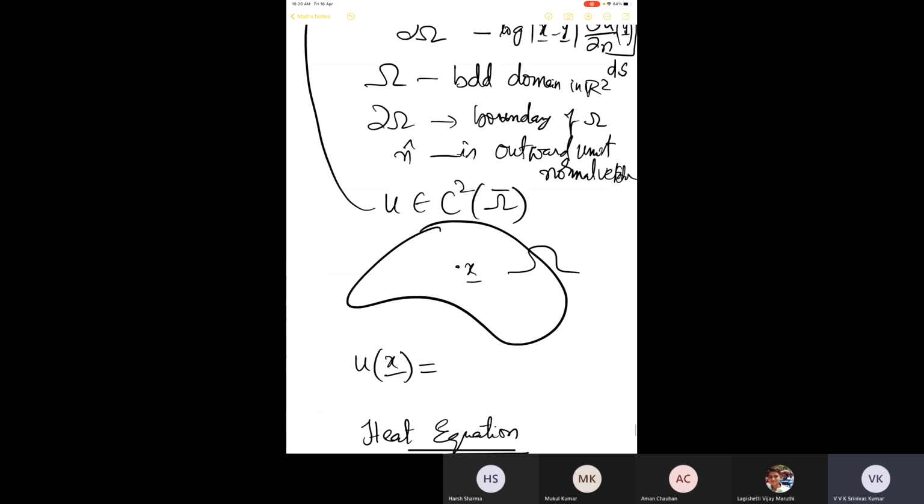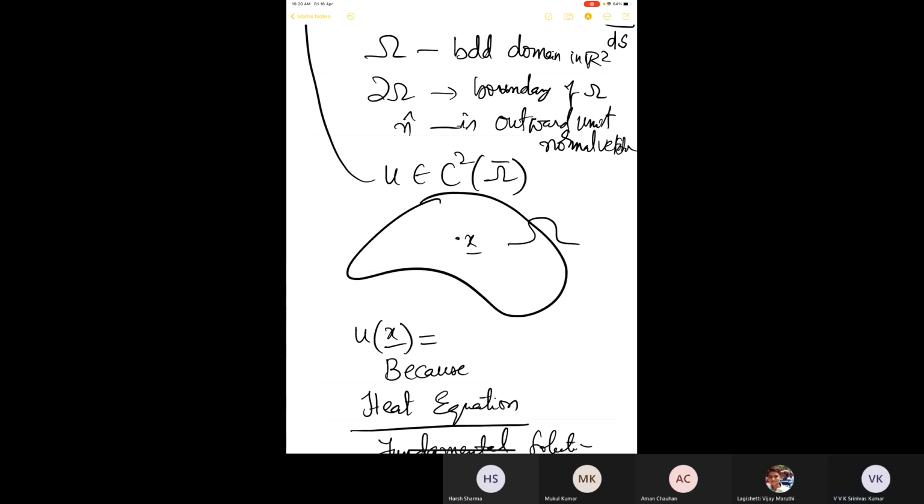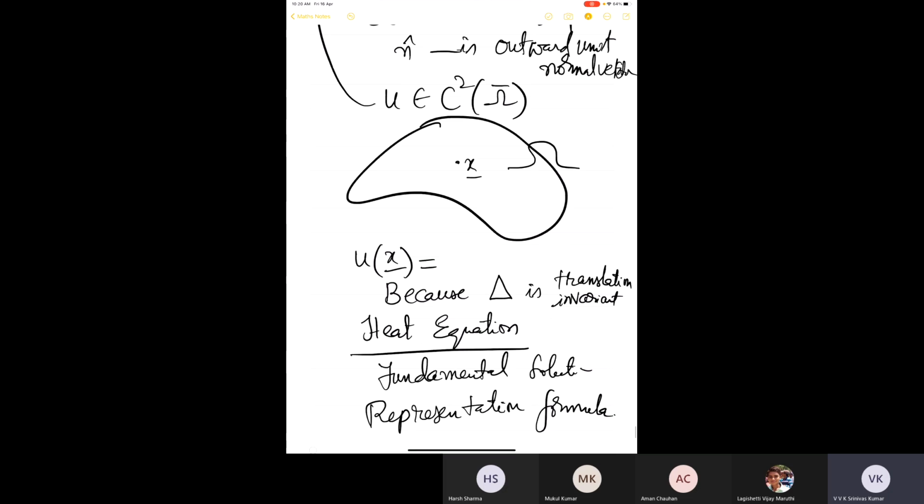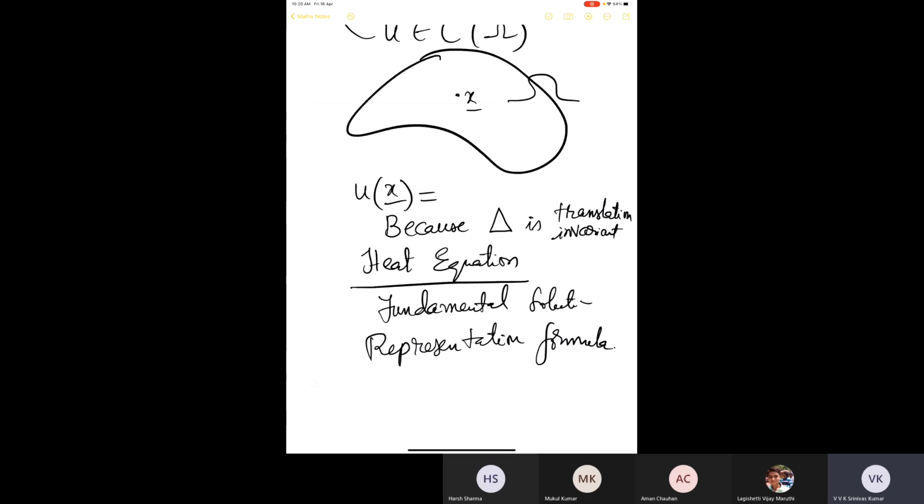This works because the Laplace operator is translation invariant. That means if you just translate by a constant, then whatever the Laplace equation is, it will be the same.